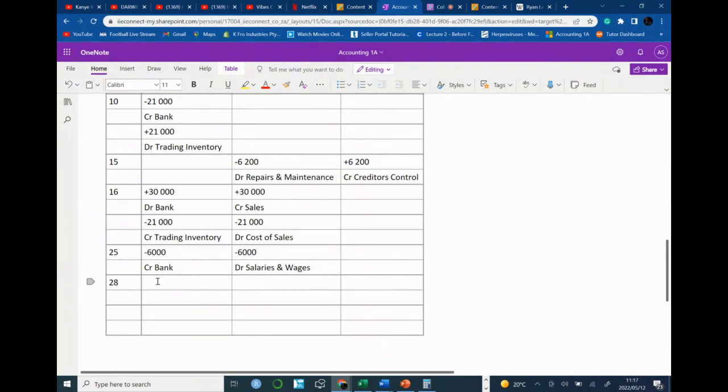Paid for the rent for the office space, 9,090 by EFT. So here again we're going to credit the bank, and it's just rent expense.